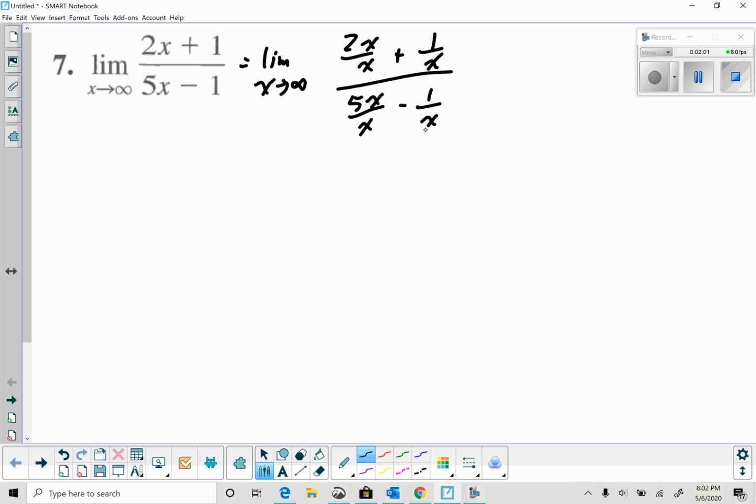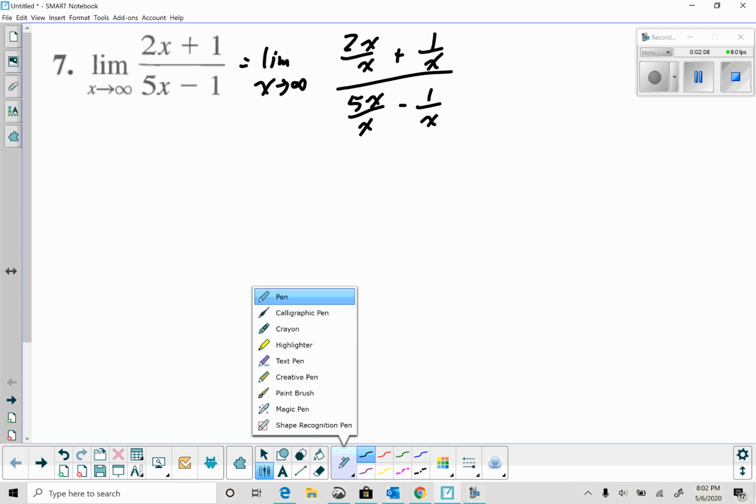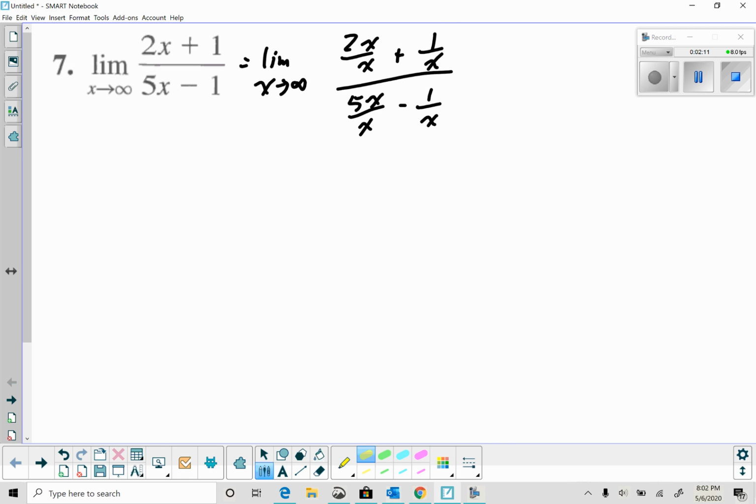What would happen? Granted, that's a very unusual thing to do, but you'll notice I've created a couple of those special terms by doing that. The idea is you're going to want to look at this, if at all possible, and divide everything by the highest degree term that you can find, so we can create as many of those as possible.